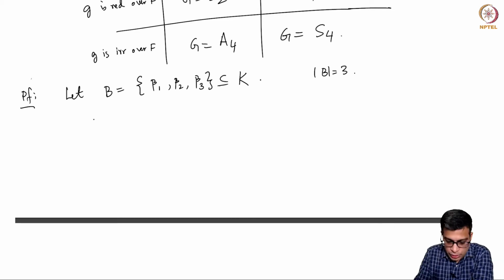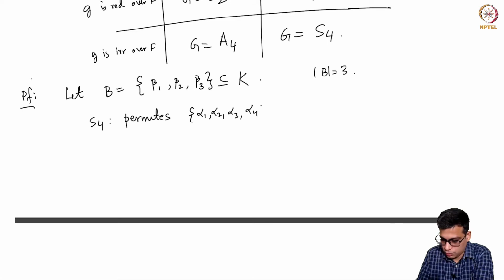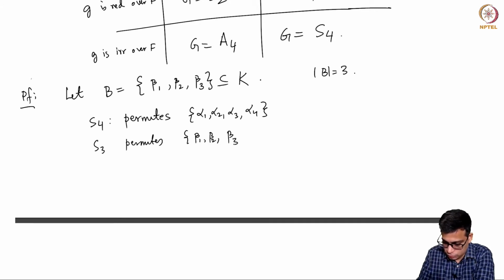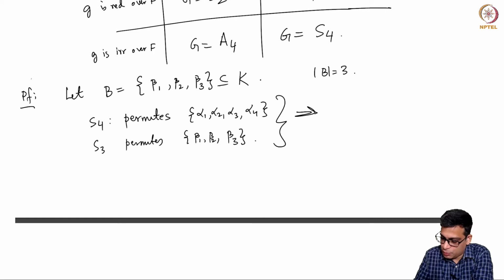So, now S4 permutes alpha 1, alpha 2, alpha 3, alpha 4. S3 permutes B, so this gives me a map from S4 to S3.